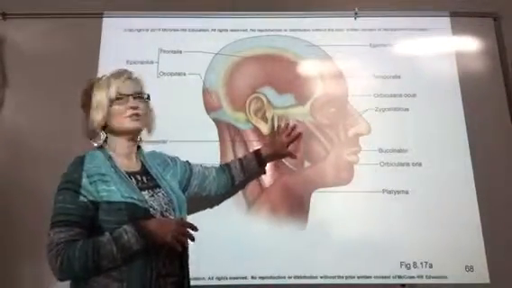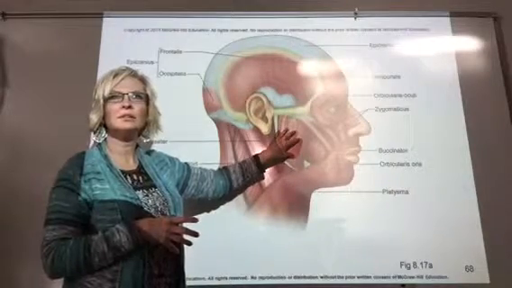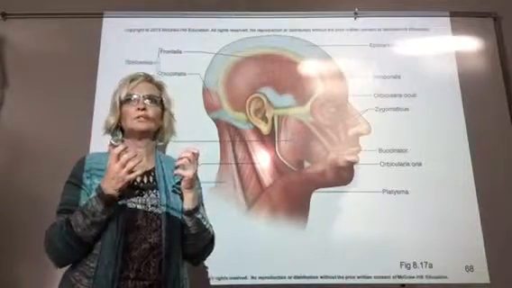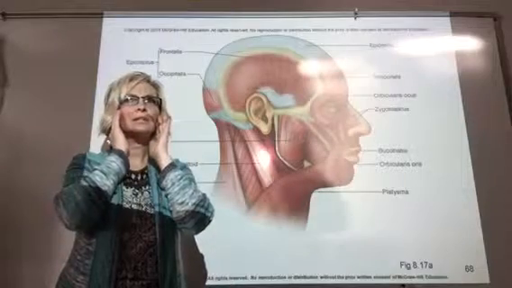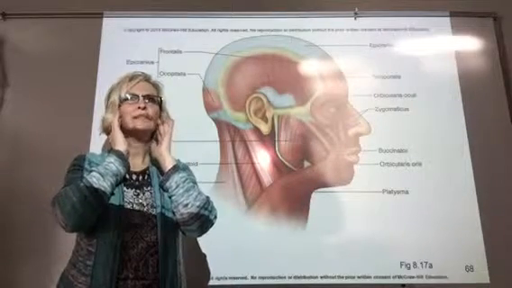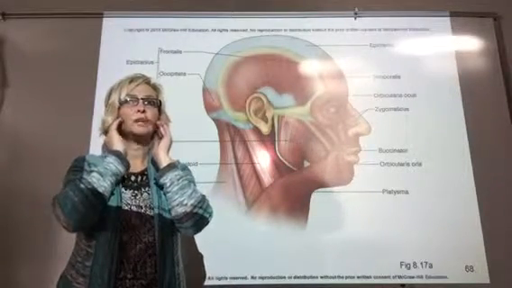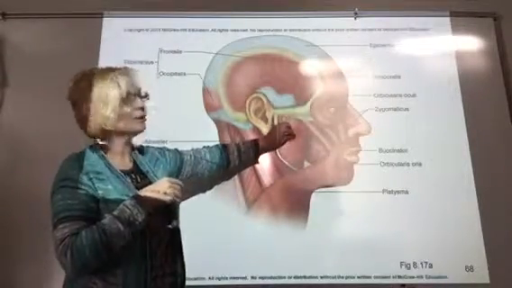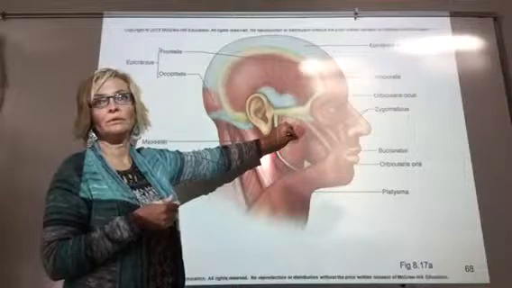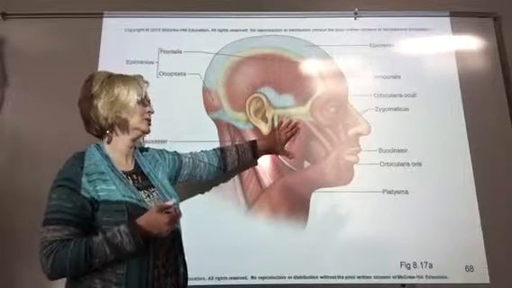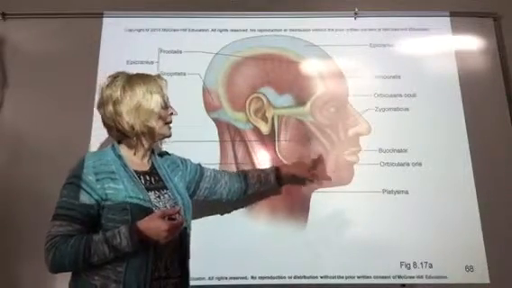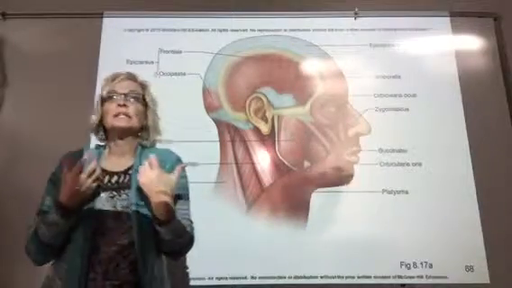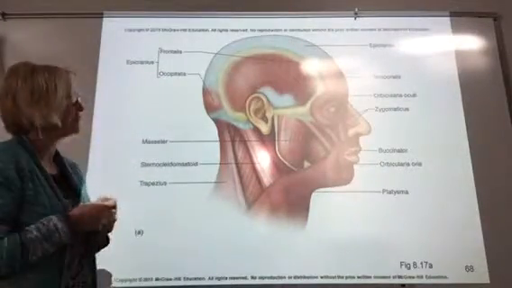Masseter, probably the strongest muscle in your face. If you clench your teeth, you should feel your masseter just kind of bulge out in your cheek area. So your masseter closes your mouth and clenches your teeth. Buccinator is basically your spitting muscle, is what I would call that.